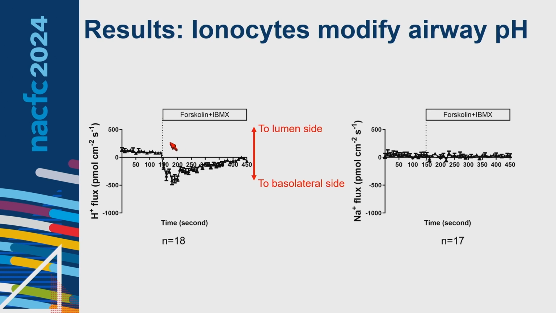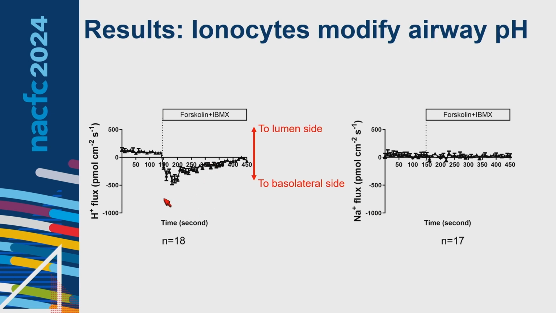Before any stimulation, we find that there's acidification happening to the lumen side for the pulmonary ionocyte, so it's a positive number. However, when we apply forskolin and IBMX, it reverses the direction of the proton flux.